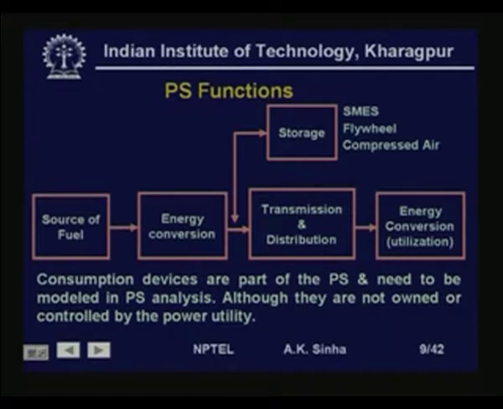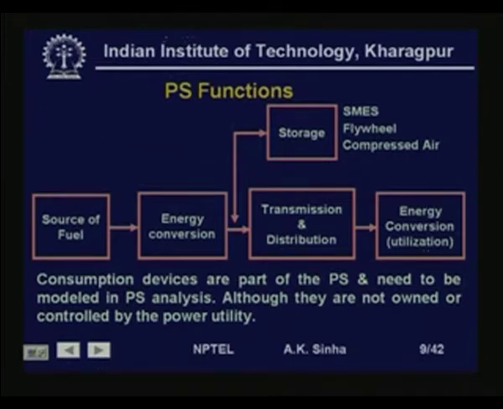Well, what does a power system consist of? Starting with the source of fuel, we can have different kinds of fuel. It can be either the potential energy of water, or the chemical energy stored in coal or oil. It can be solar energy. It can be various kinds of sources of energy that we have.